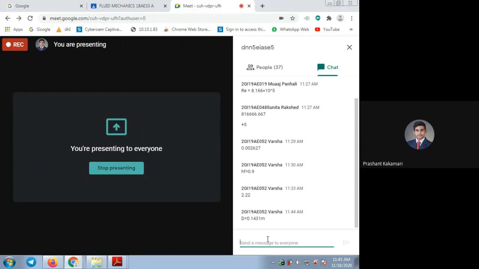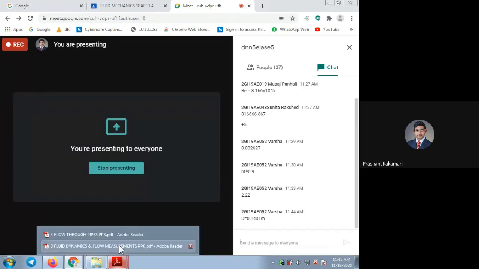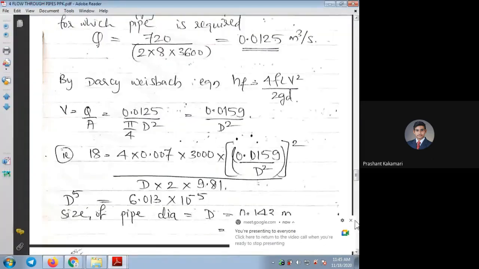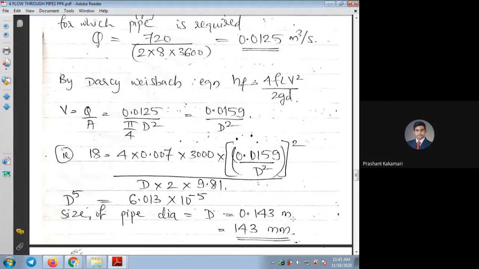Yes, some answer: diameter is 0.1431 by Varsha, 0.1431 meters. That's 0.143 meters. Or you can write in mm, 143 mm. Or if you want to tell in kilometers also, because length is in kilometers, diameter also if you want to tell in kilometers, that also can be written.